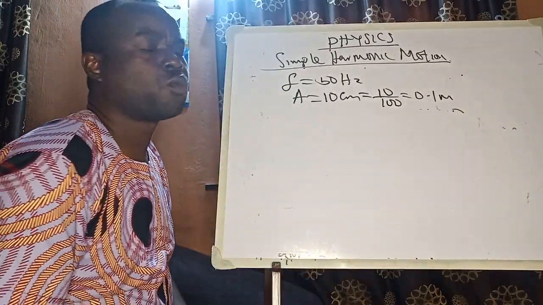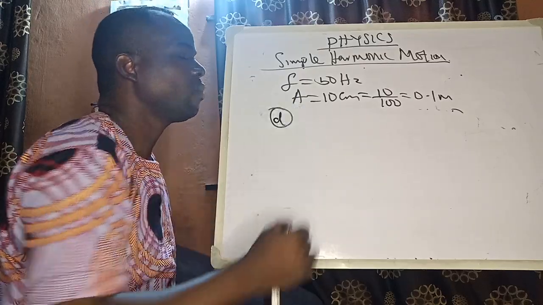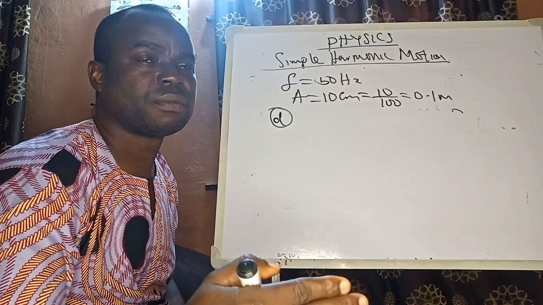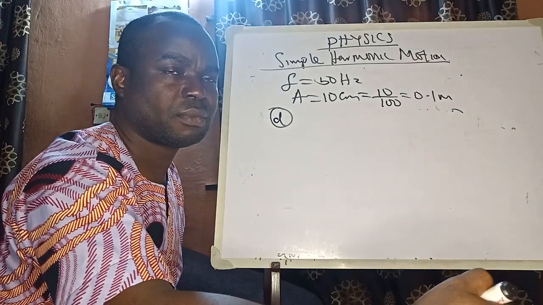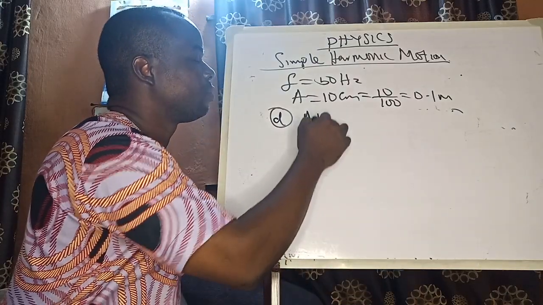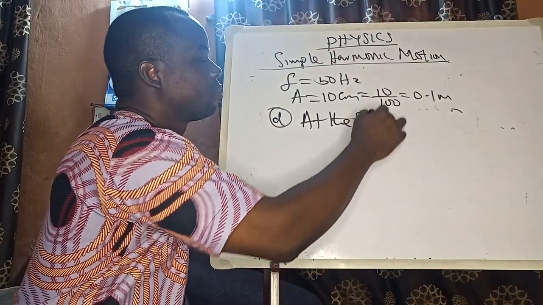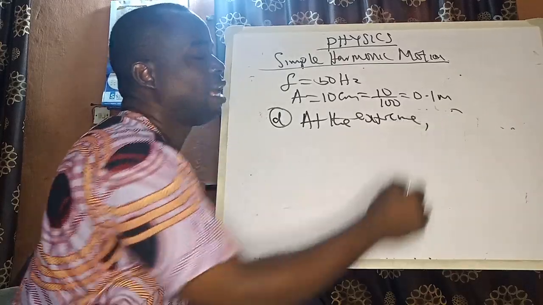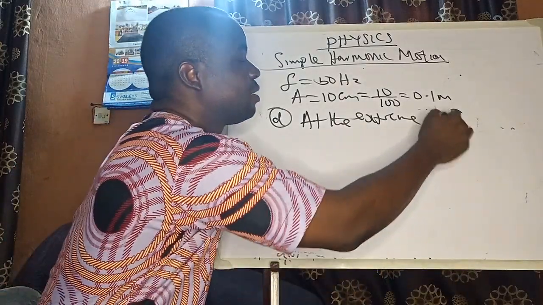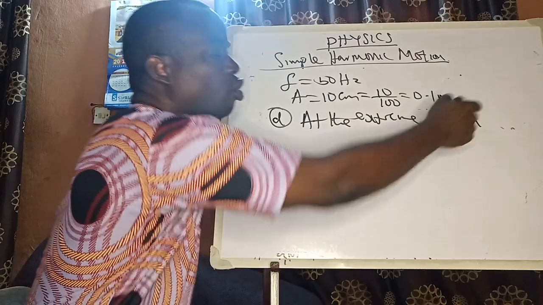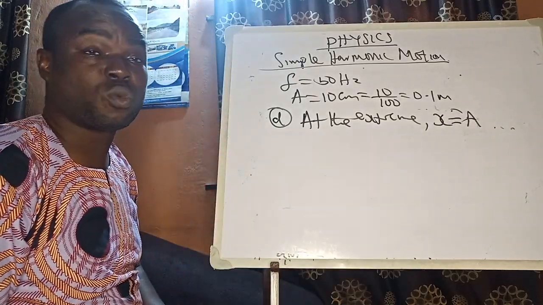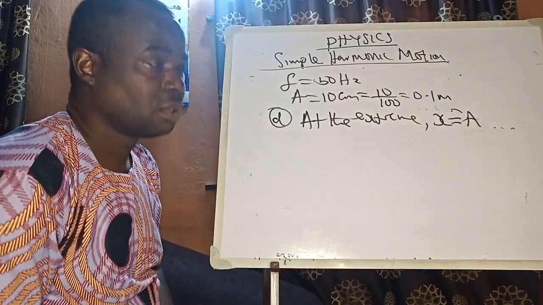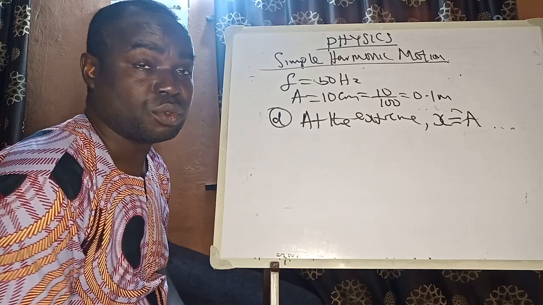Then number 4 very quickly says we should find the acceleration at the extreme. At the extreme means end. X is equal to a. So please take note of that. X is equal to a. A means amplitude.